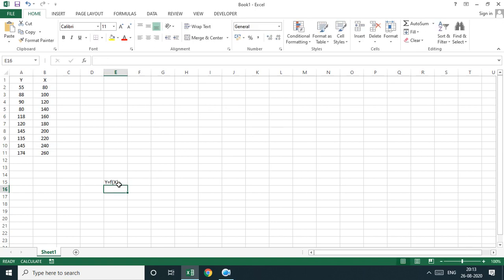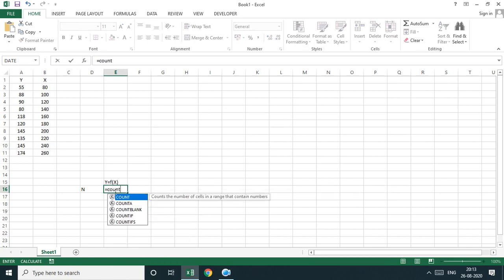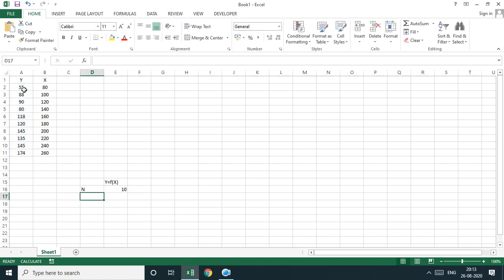Here the total number of observations is, let me count, yes, we have a total of 10 observations, and our equation is y is a function of x. Y is the dependent variable, and x is the independent variable.